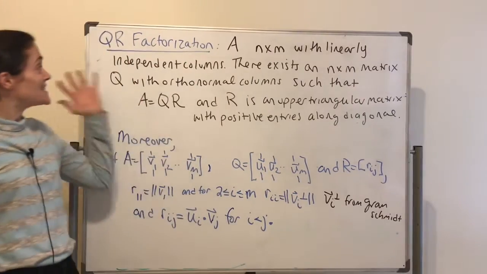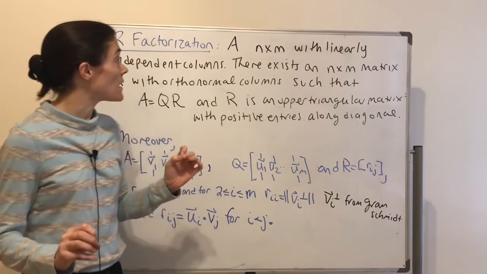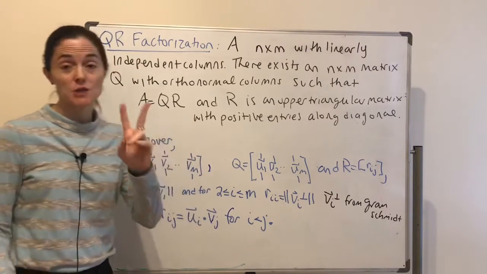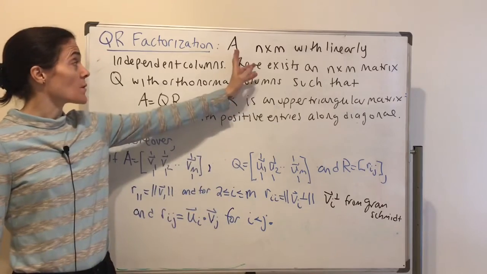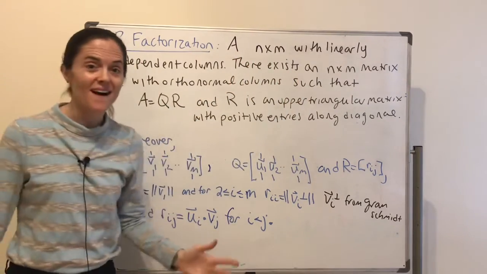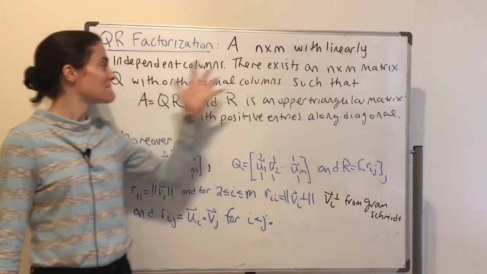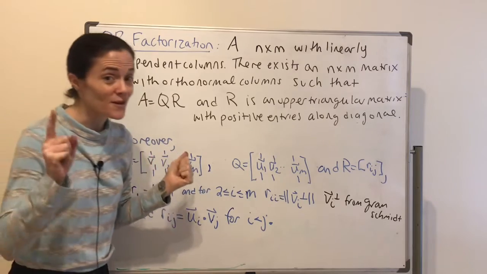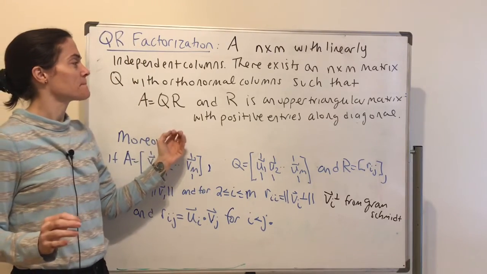What is the general statement about QR factorization that we just saw? Well, let's see, where we had 2 columns in the matrix A. So here A is n by m. It has linearly independent columns. And then there exists an n by m matrix Q with orthonormal columns such that A is QR.